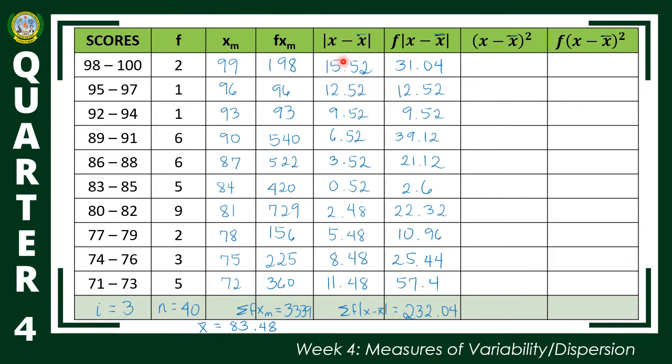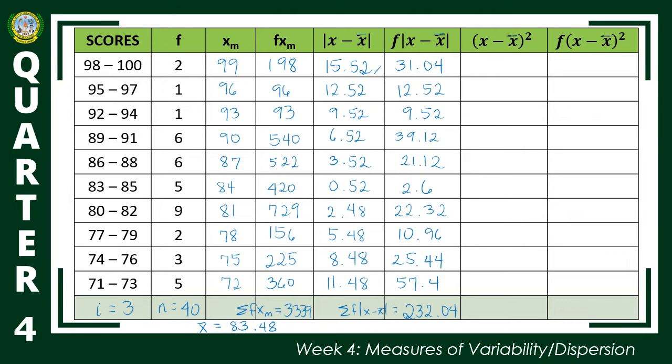So, nasa ang column ulit yon. This column, the absolute value of x minus mean. Okay, so ito yung distance ng bawat class mark sa mean na atin pong i-square or i-multiply sa kanyang sarili. Okay, so tandaan, when we are squaring a number, we multiply that number by itself. Okay, so let's do that. First is this one, this value, 15.52 squared.